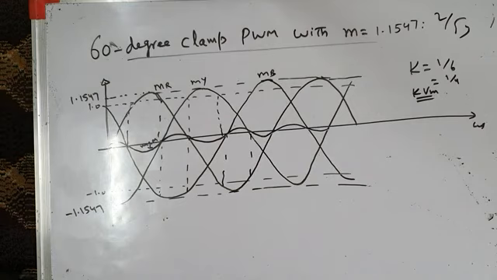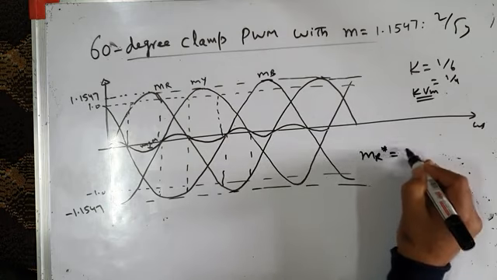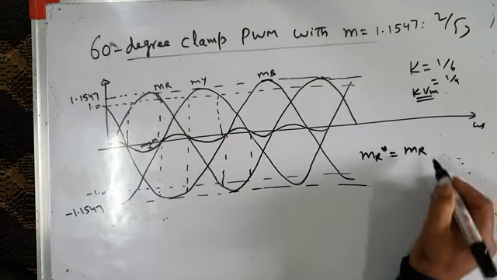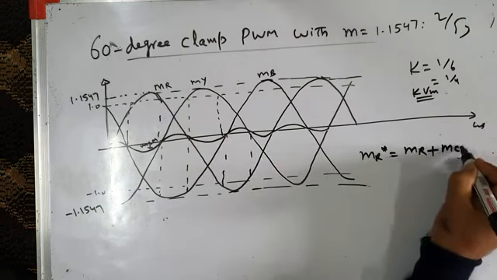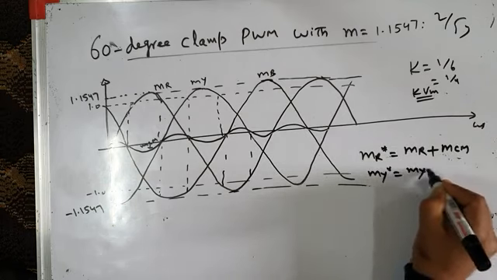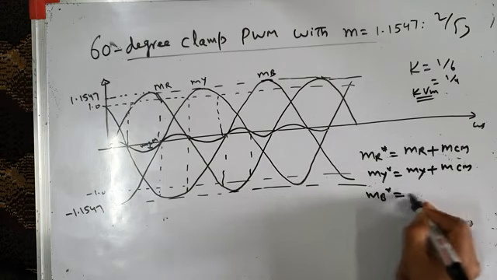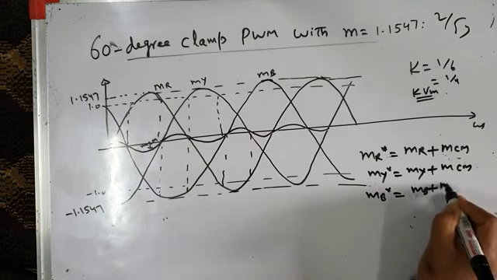Now you have to find MR star. What is MR star? We already know MR star is equal to the original modulating wave MR plus the common mode signal MCM. Similarly, MY star is equal to MY plus MCM, and MB star is equal to MB plus MCM.